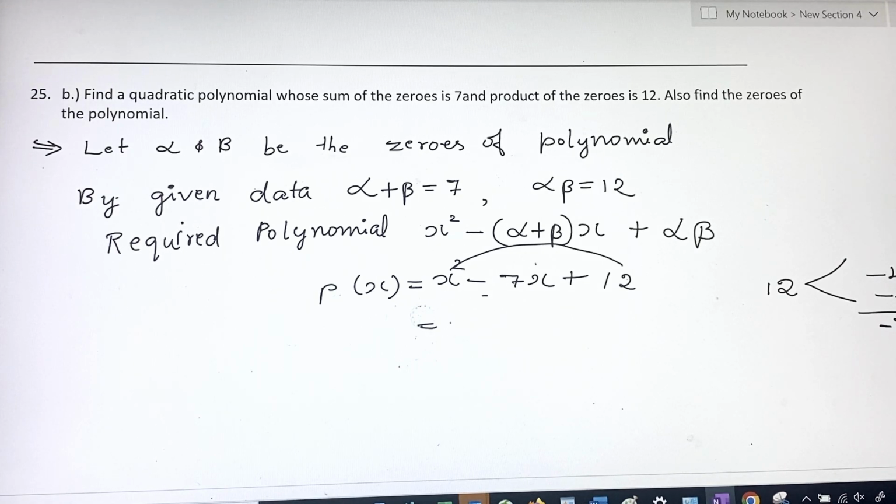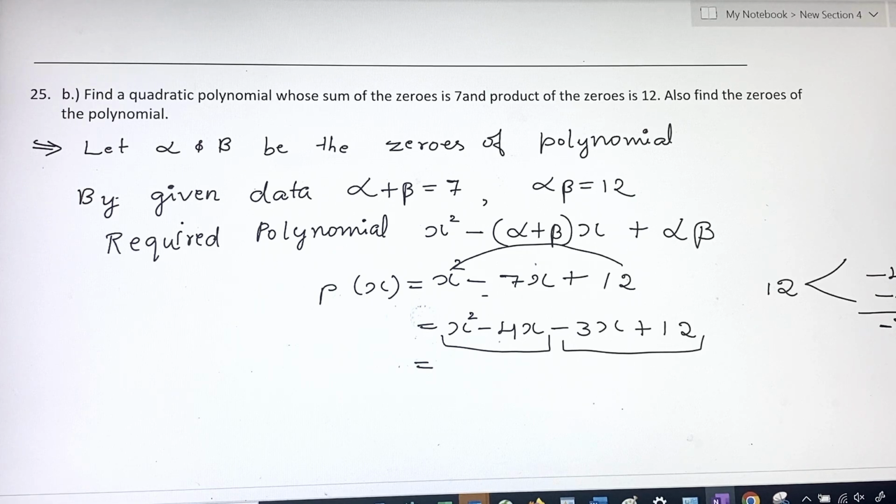So I'll write this equation as x square minus 4x minus 3x plus 12. Okay, so let's take common factors.